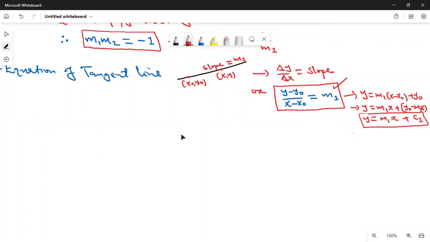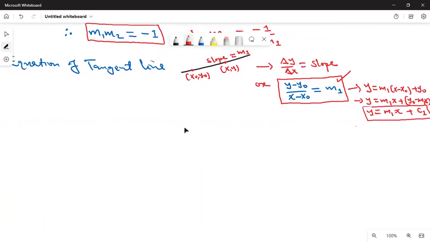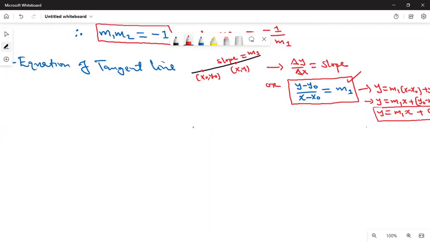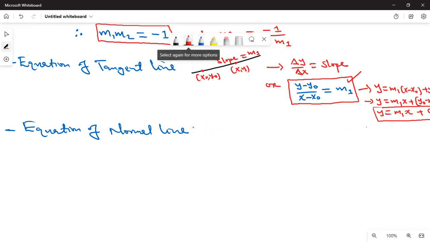So let's see how to find the equation of the normal line. So I'm going to write, another one is the equation of normal line. Again, I'm going to sketch this line.